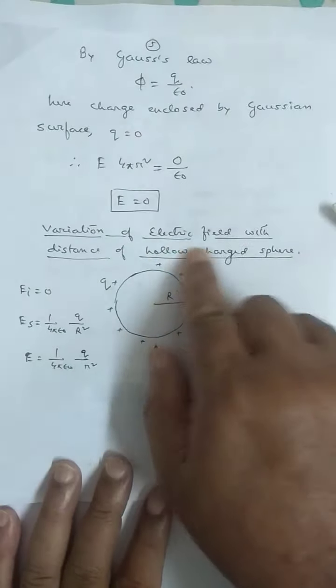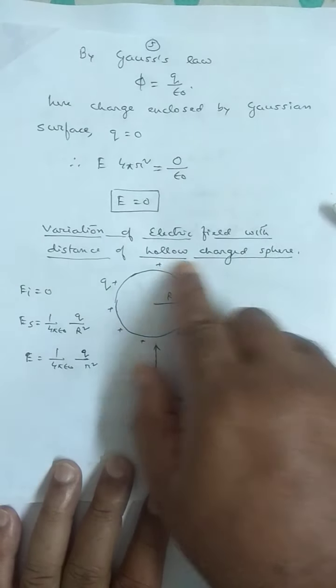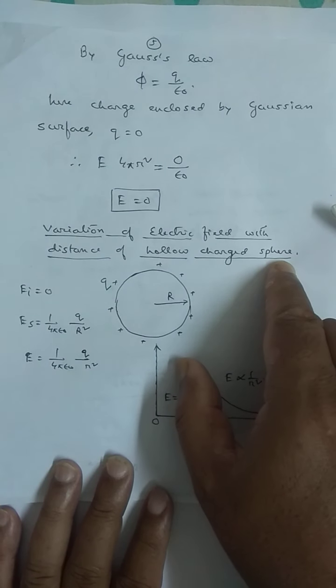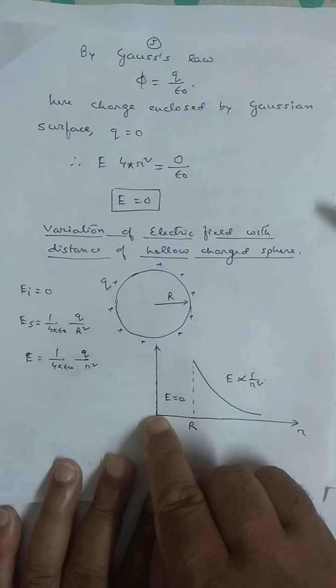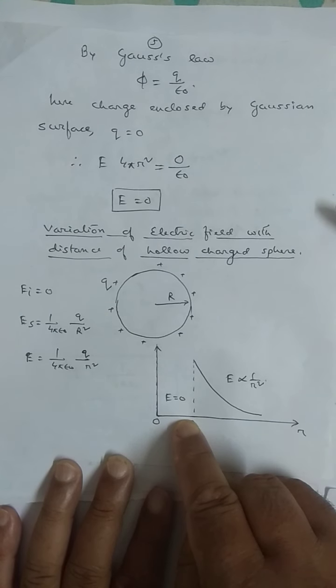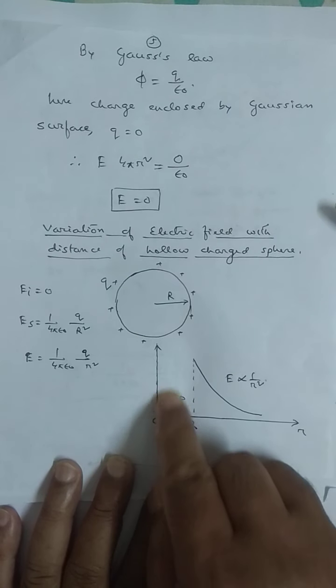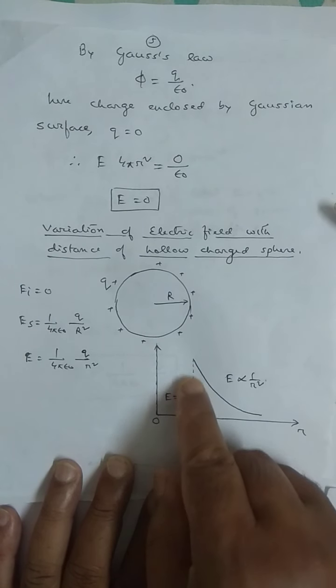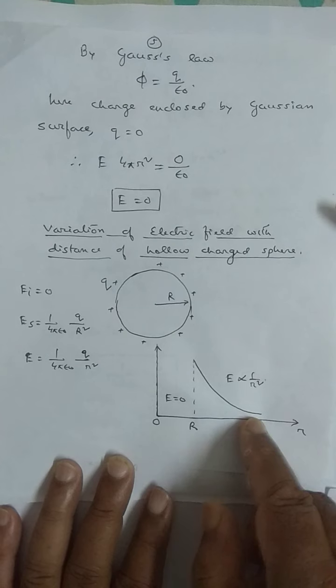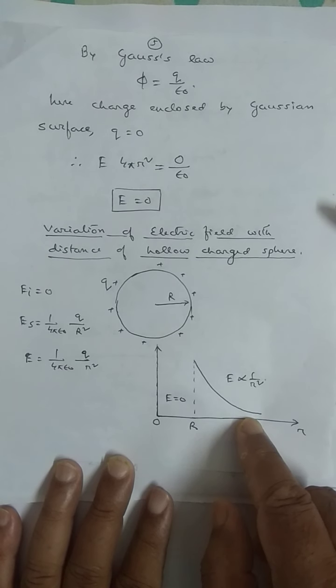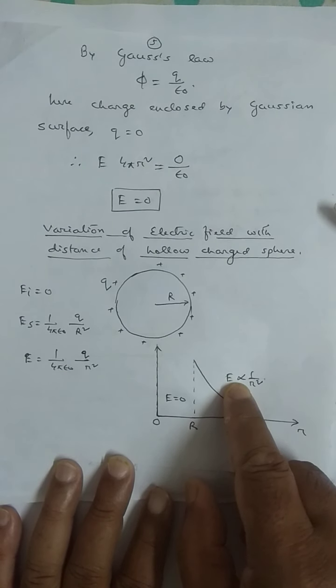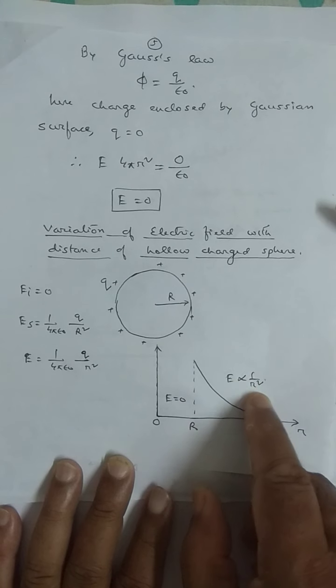So this is the verification of electric field with distance for a hollow charged sphere. You just see from here to here, capital R means radius of the charged body. There is no electric field intensity, and outside the hollow charged body, electric field E varies as 1 by r square.